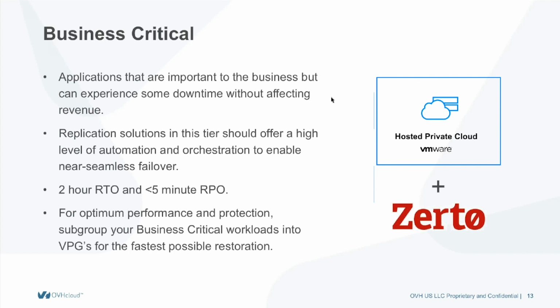One-button failover is what they like to talk about. It even gives you the ability within their software to group your workloads into virtual protection groups, so you can establish which workloads have to come up first. That loosely aligns with the idea that my tier 1, or mission critical workloads, have to come up first, even in my business critical zone.